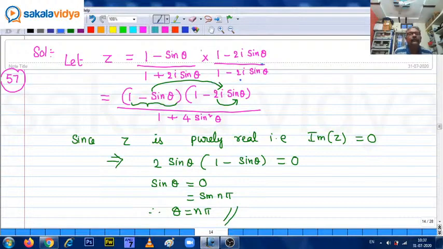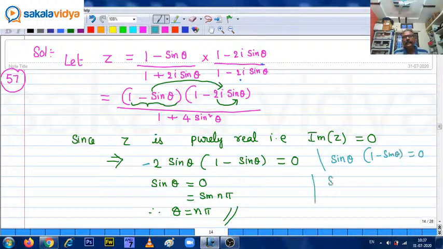Here see, minus sine theta into this 2 sine theta, understood now? Otherwise minus 2 sine theta into 1 minus sine theta. Multiply minus on both sides, you get this step: sine theta times 1 minus sine theta equals 0.